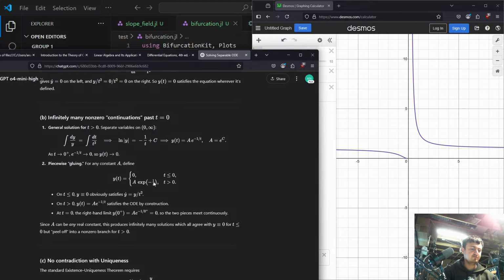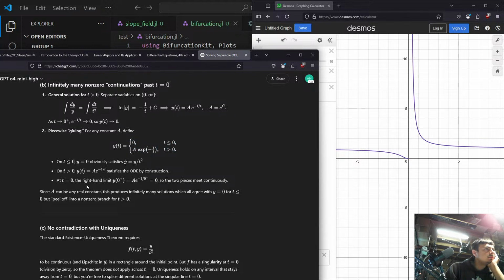So we have C. So as t goes to infinity, we're going to get e to the 0, which goes to 0. So then I don't understand. Let's see.